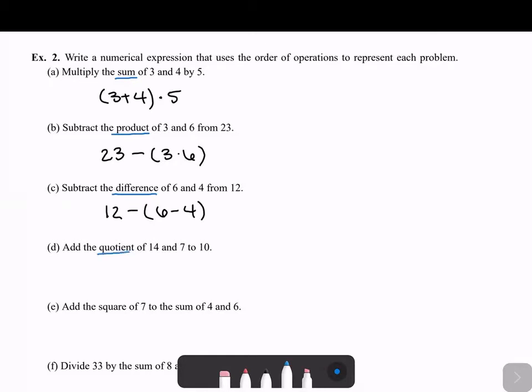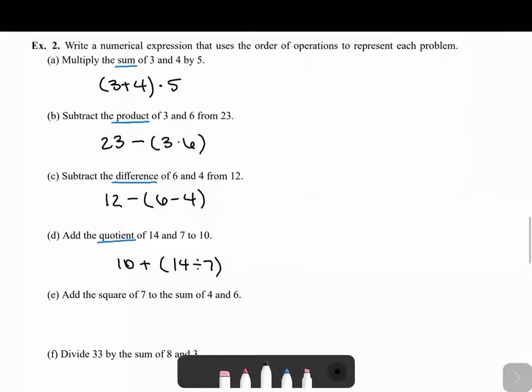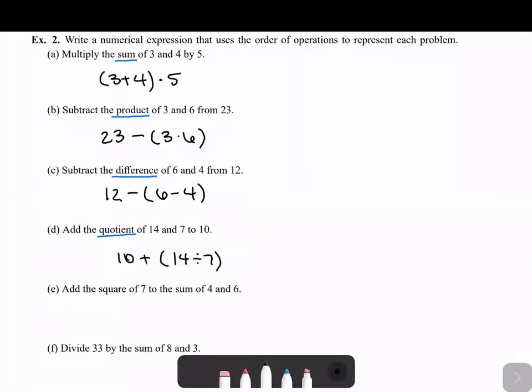Just like here, number 4, we're adding the quotient. So we're adding 10 plus the quotient of 14 and 7. Okay. Keep on going. So we're adding the square of 7 to the sum of 4 and 6.